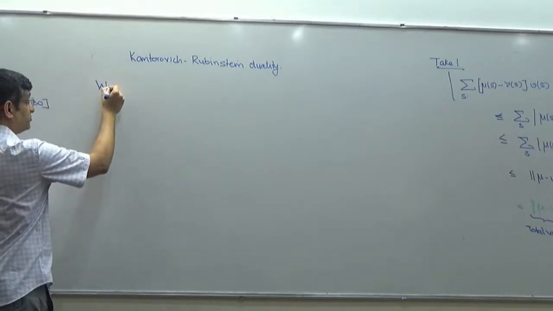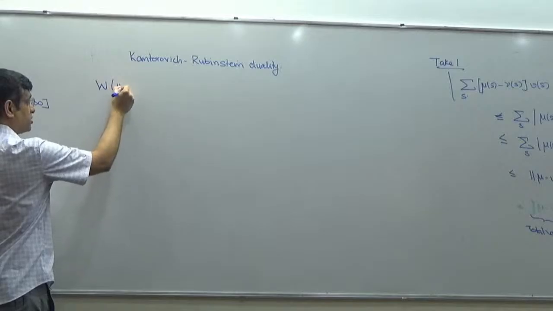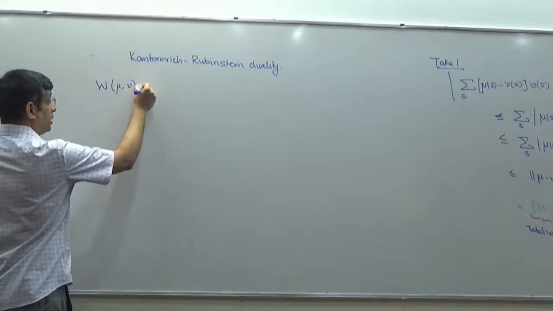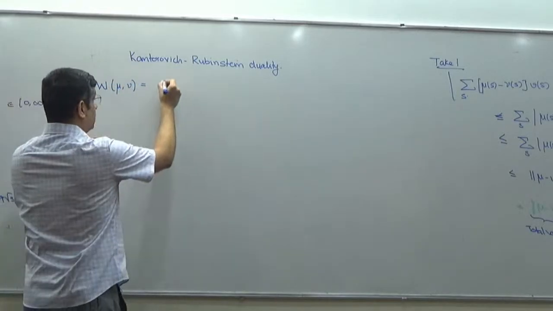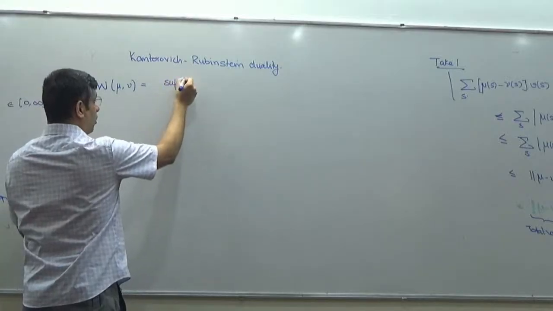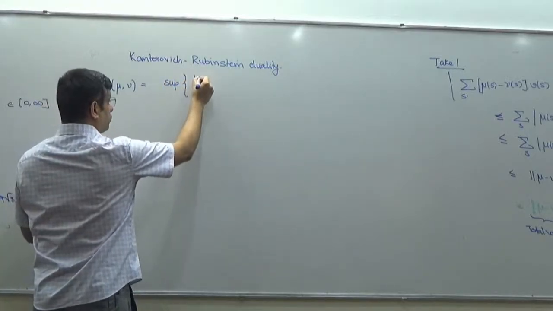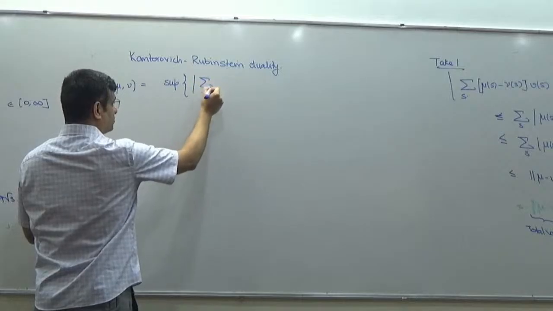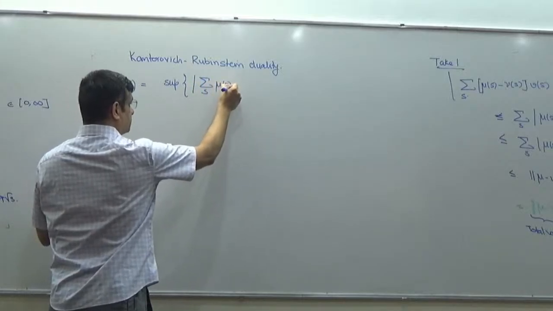The Wasserstein distance between measures mu and nu is equal to the supremum of the absolute value. I'll write it for discrete spaces. The same thing goes for continuous spaces.